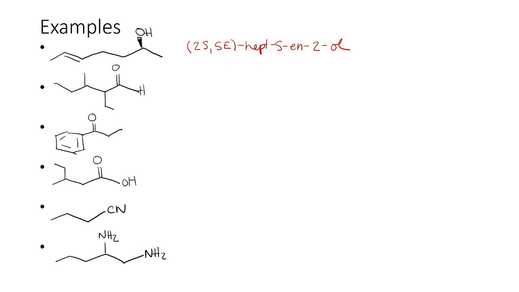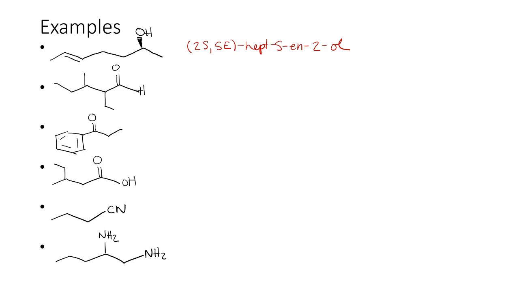The S and the E are telling us about the stereochemistry associated with our structure. We have 7 total carbon atoms. The ene is on carbon atom number 5 and the ol is on carbon atom number 2. What you'll want to notice with our priorities here is that the functionalities are going to take precedence over anything that is an alkene or an alkyne in terms of the numbering for our compound.